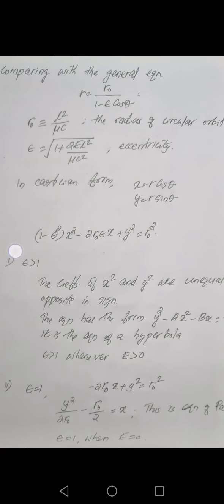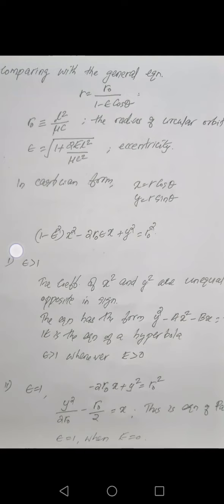So comparing with this general equation, R is R0 by 1 minus epsilon cos theta. R0 is L square by mu c, and that is actually the radius of circular orbit. Epsilon is equal to square root of 1 plus 2EL square by mu c square, that is the eccentricity that determines the shape of orbit.